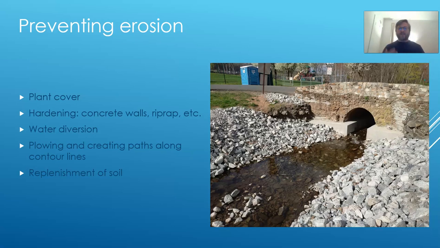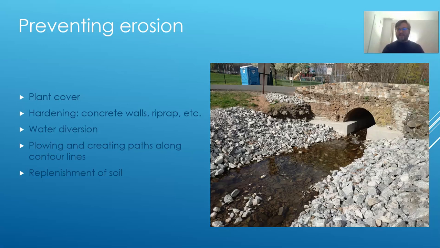We can also try to harden slopes so that they can't be eroded as easily. You can see a couple different illustrations of that in the picture there. You can put up concrete walls, like you see where the stream goes under the bridge there. You can also put big chunks of stone on the slope, and the term for that is riprap.